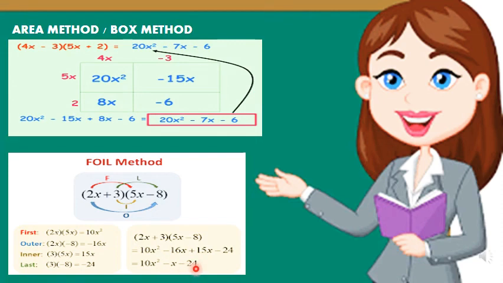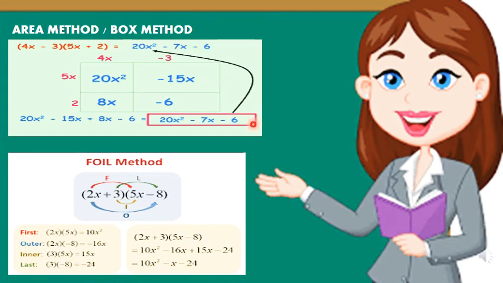Now all of you still have your rough notebook with you, isn't it? So I want you all to try the example which I gave for the area method using the FOIL method, and the example which is given for the FOIL method using the box method. In both cases you should be getting the same answers.